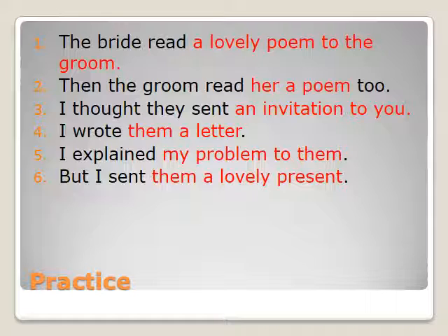You could also have written down the bride read the groom a lovely poem. Both of those would be okay. So here, then the groom read her a poem too. So the groom read what? A poem. And who got the poem? Her. So we could also write then the groom read a poem to her.